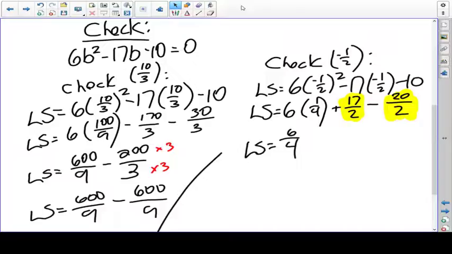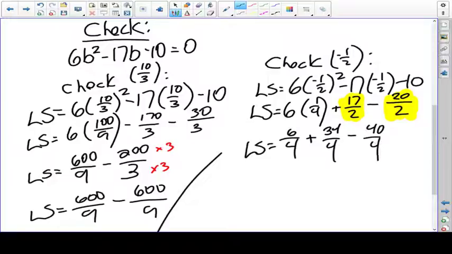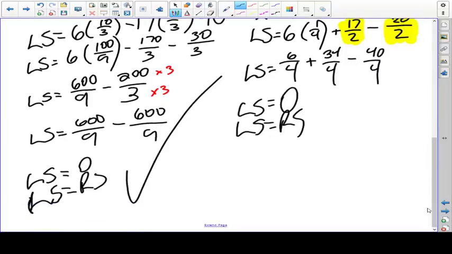Maybe I will. So this would be, if I double both the top and bottom, 34/4. And if I double the top and bottom, I get 40/4. And that gives me, what does that give me when I combine those fractions together? 0! So therefore, left side is equal to the right side.